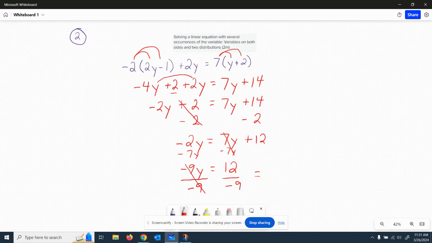Divide 12 by 3, I get a 4. 9 by 3, I get a 3. And don't forget your negative sign. Doesn't matter where the negative sign is when you type your answer in. All right, that's the first flavor of questions you're going to have.